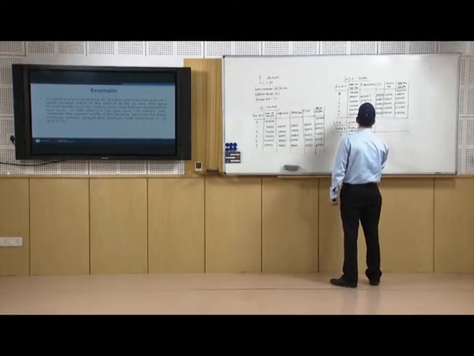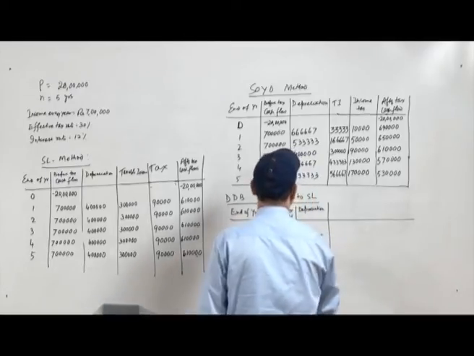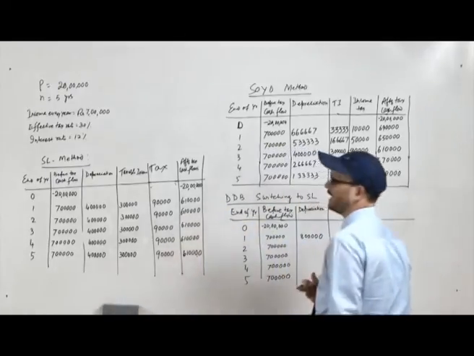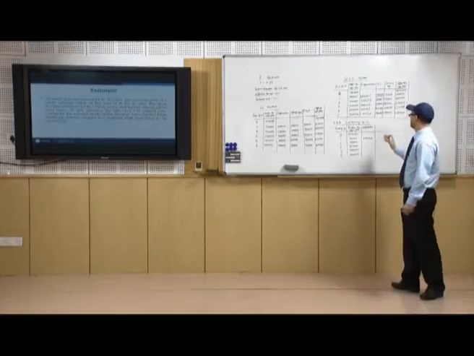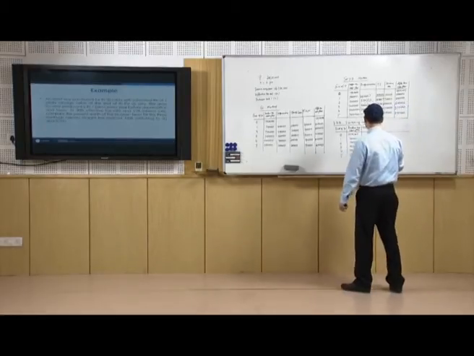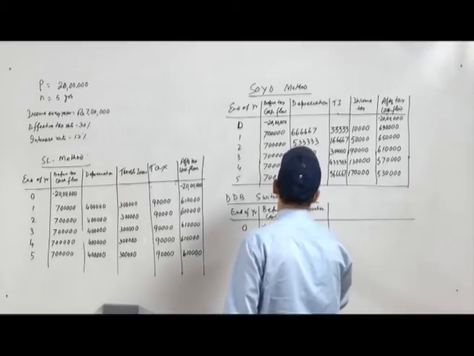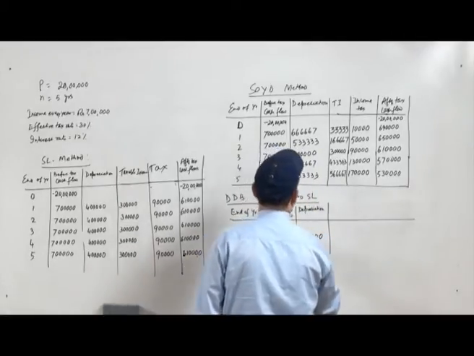So it will be 8 lakhs. The second time it will be 40% of 60, that is the book value, so 24%, and that will be 4,80,000.